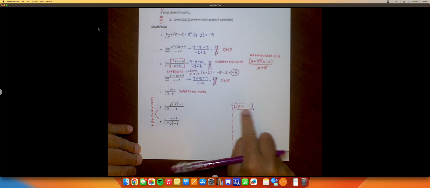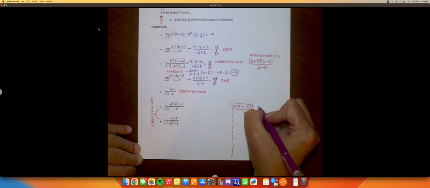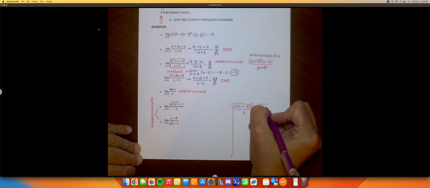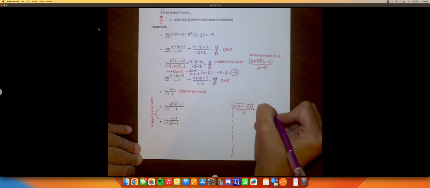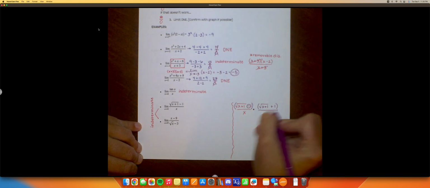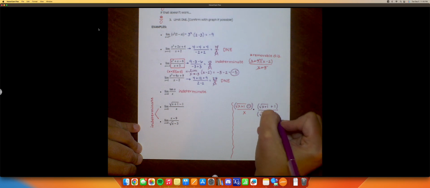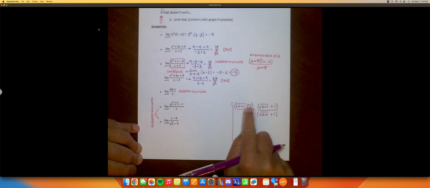The conjugate is just the exact same expression, except I'm going to change this sign right here. So now I'm going to multiply by square root of x plus 1 plus 1. And I'm allowed to do that as long as I do the exact same thing on the bottom. So I'm going to multiply by square root of x plus 1 plus 1. And again, that comes from taking the conjugate here.